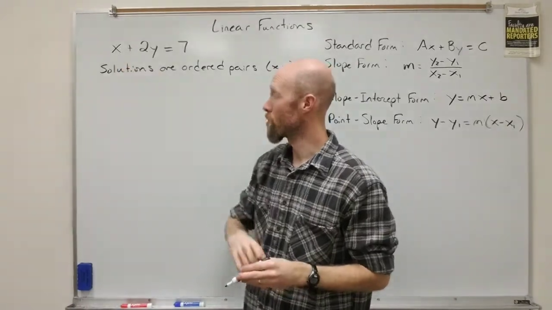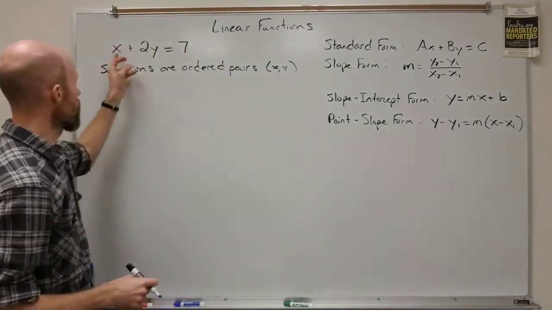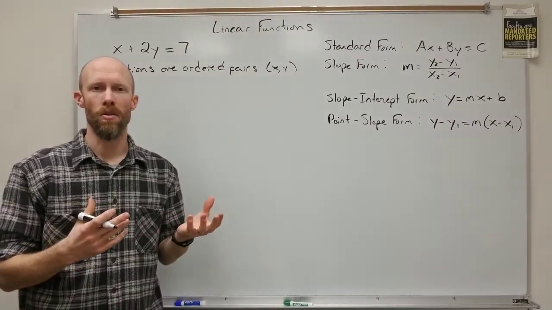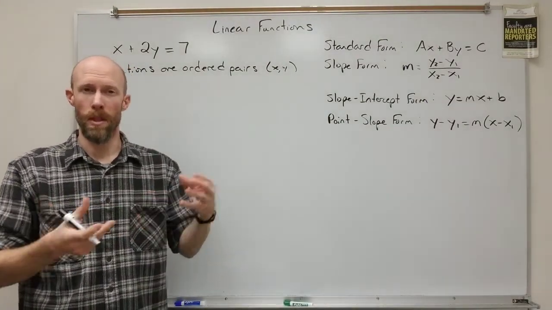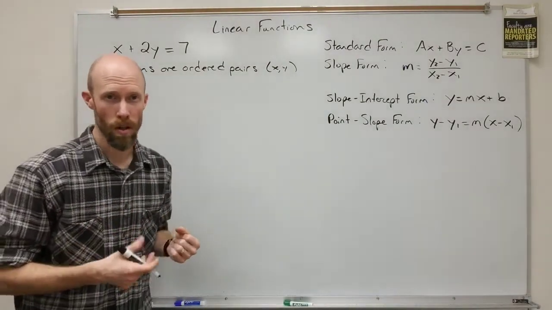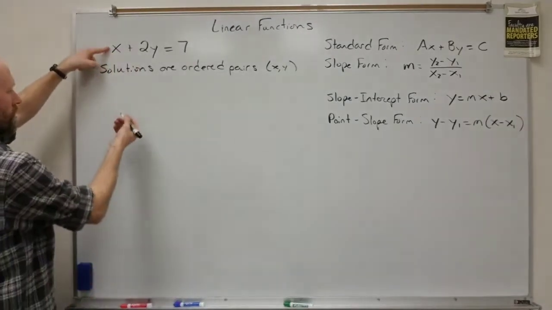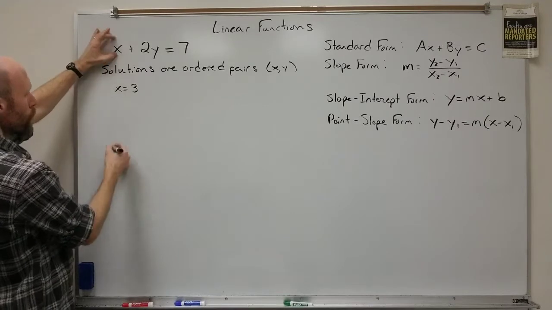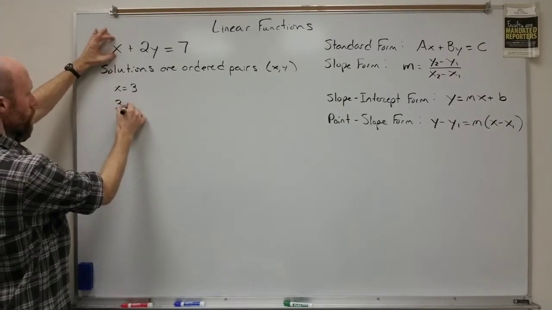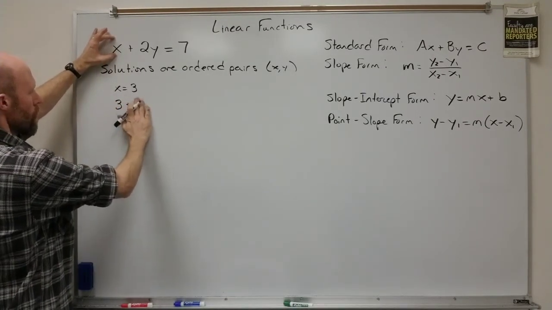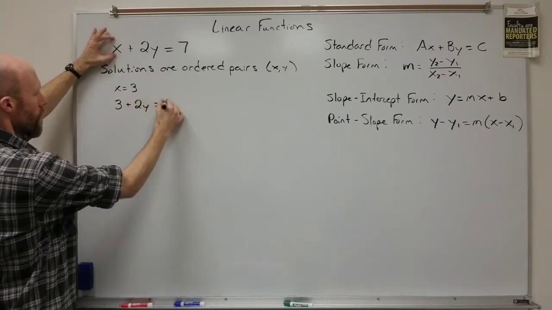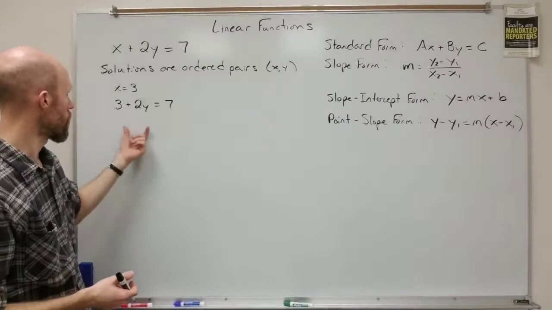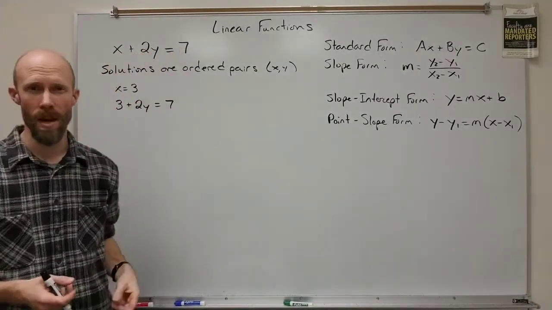In this particular example, x plus 2y equals 7, I could pick a value for one of the variables and figure out what the other one would have to be in order to make it work. For instance, if x is equal to 3, you plug in a 3 and figure out what y would have to be to make the left side equal to the 7 on the right side.